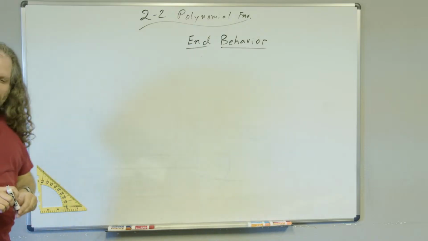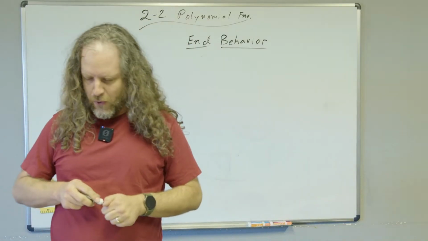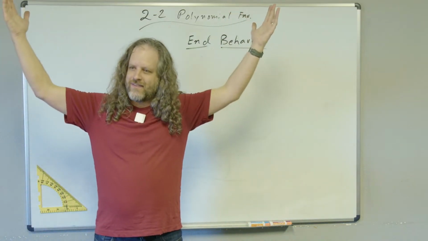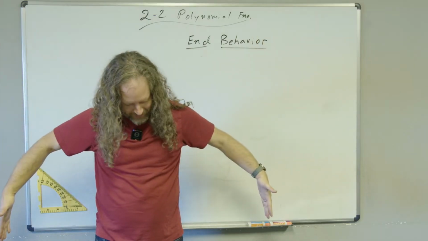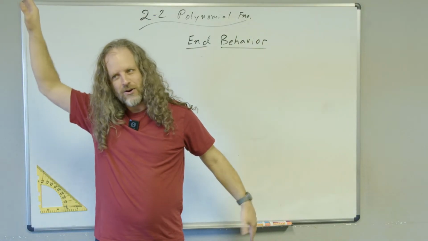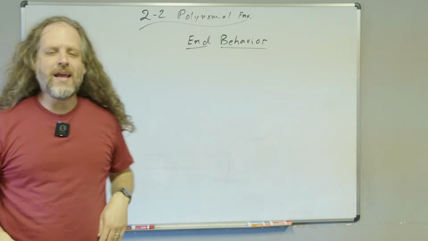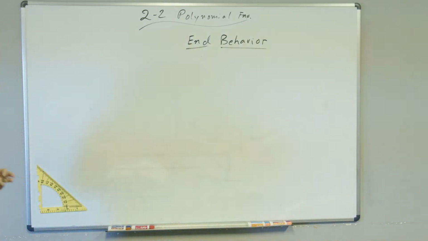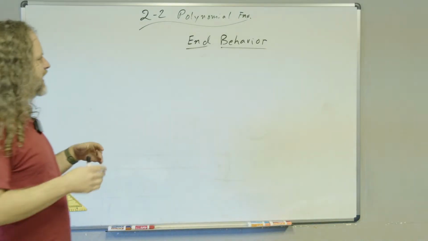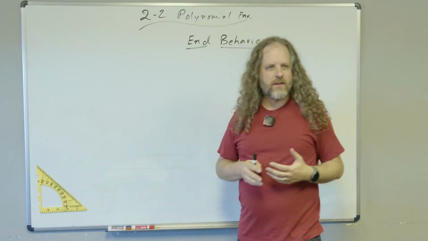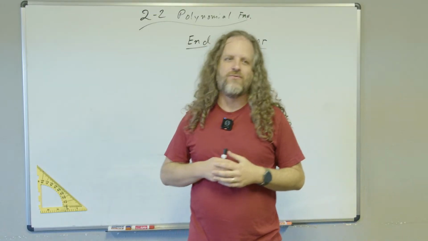So for polynomial functions, you have 4 options. It can either be going like this, or like this, or like this, or like this. And we can know that before we even start shoving stuff into the calculator, as long as our polynomial function is written in standard form.